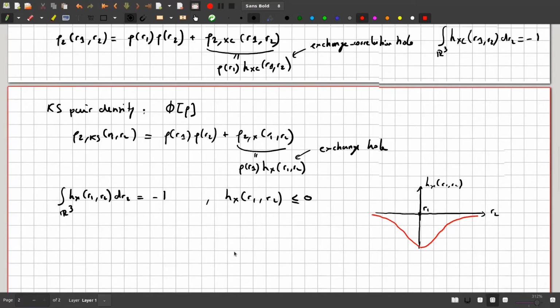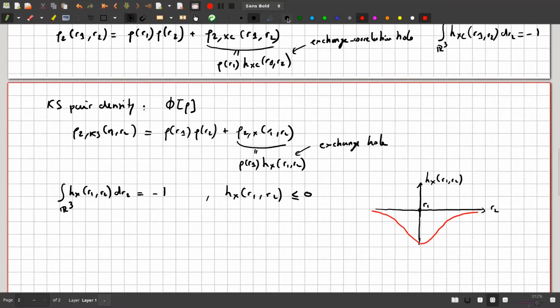Okay, so this quantity is of course important in order to have an expression for the exchange energy functional. Okay, so the exchange functional, you recall that the definition is the expectation value of the Coulombic interaction over the Kohn-Sham determinant minus the Hartree functional.